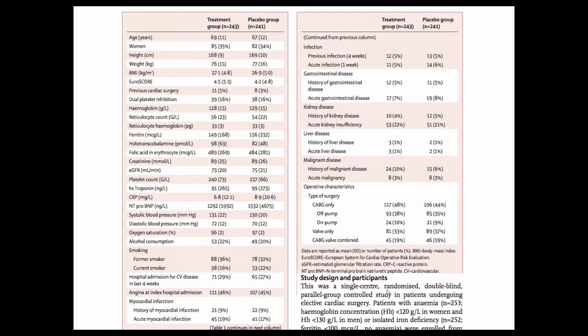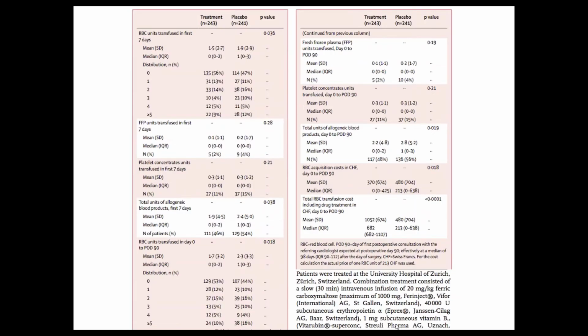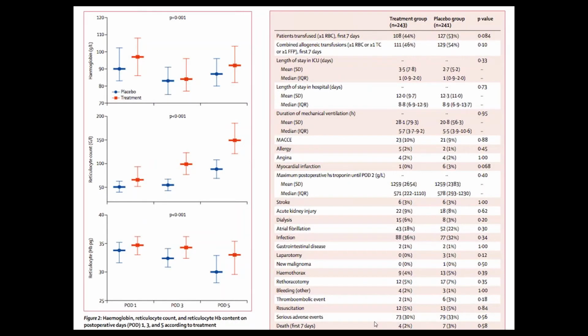So it was a single-center randomized trial, and patients with anemia or patients who had iron deficiency were randomized to these two treatments. And they got an intravenous infusion of 20 milligrams per kilogram ferric carboxymaltose, and they even got some erythropoietin, as we see here. They got vitamin B12 and folic acid.